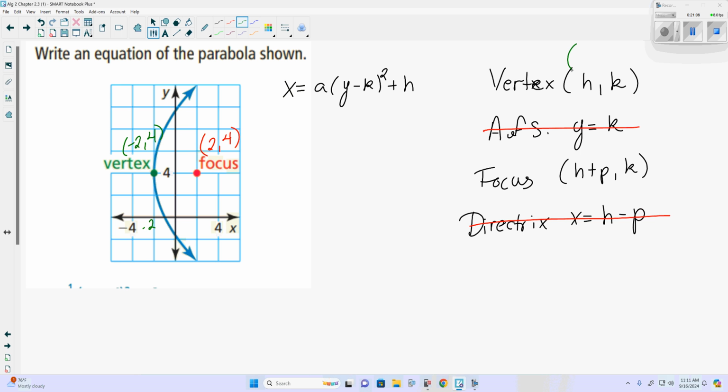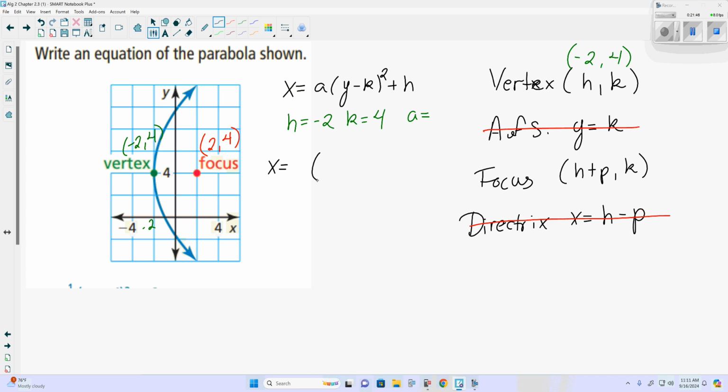But if I compare the vertex of the problem, -2, 4, to the general equation, we do get some information. We're told the value of h and k. What are the values of h and k? H is -2, k is 4. Questions on how we found h and k? We good with this so far? Yes? No? Okay.